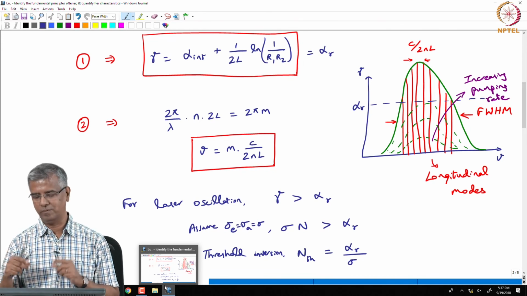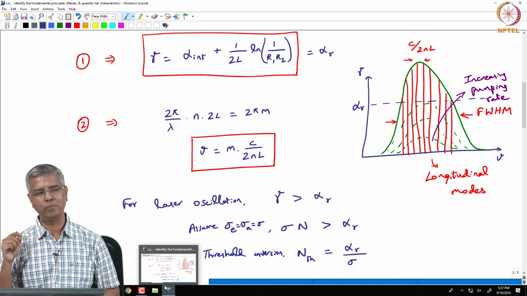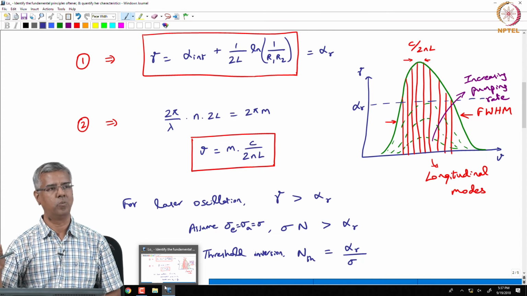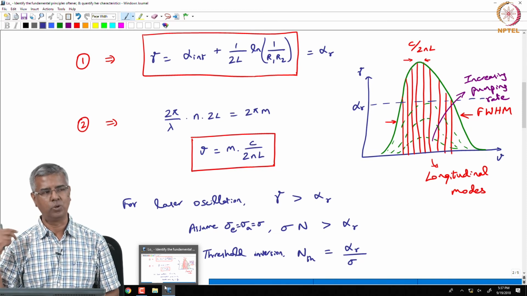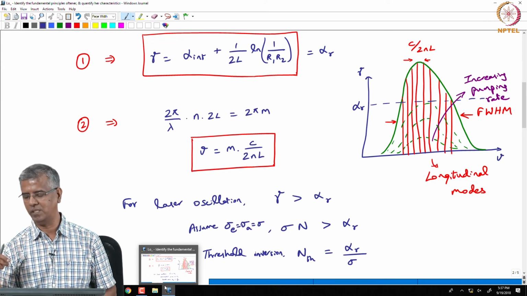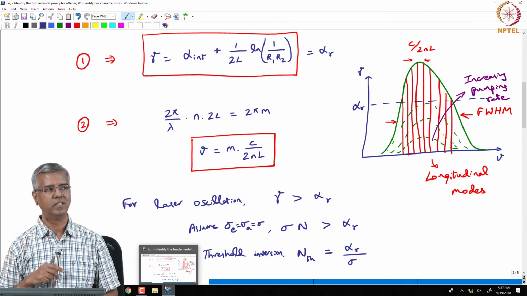We maybe will come back and look at it in a little more detail later on, but we have something called mode locked lasers. Okay, all the longitudinal modes are locked. When you go through certain procedures to make sure that all the longitudinal modes are locked, then you can actually produce short pulse lasers. How short?